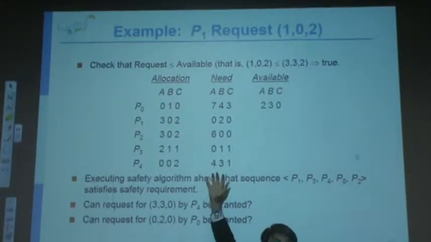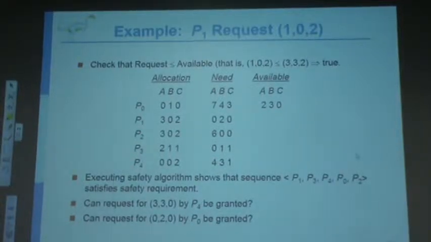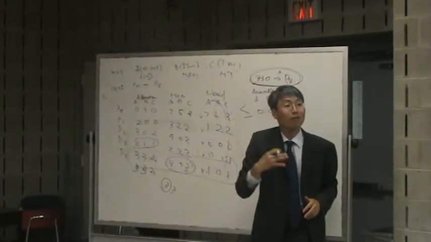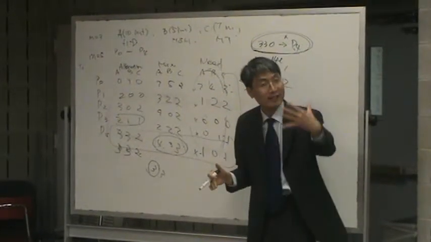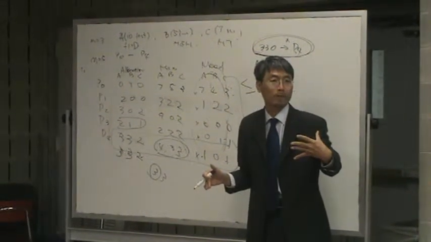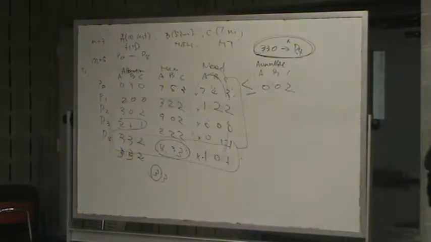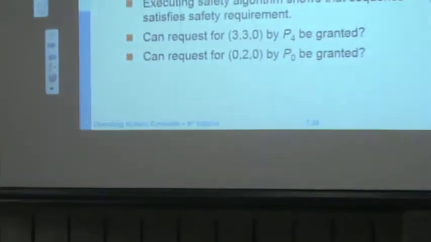They are requesting the need to be completed. At that time, if you grant it, the operating system finds which process will be granted first. If you can find such a sequence, it will be a safe state, so no deadlock situation. However, the question here is what if you grant P4 first, can you find any sequence of the processes that is not in the unsafe state? That is the question. Okay?